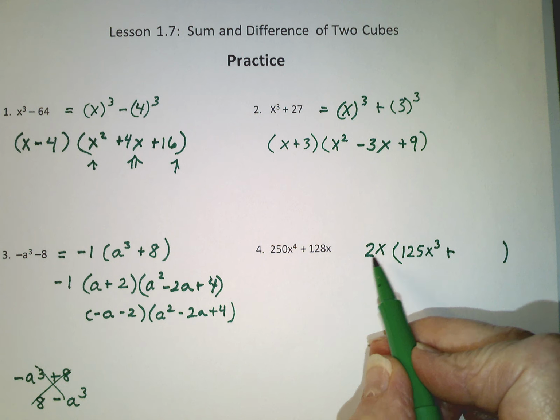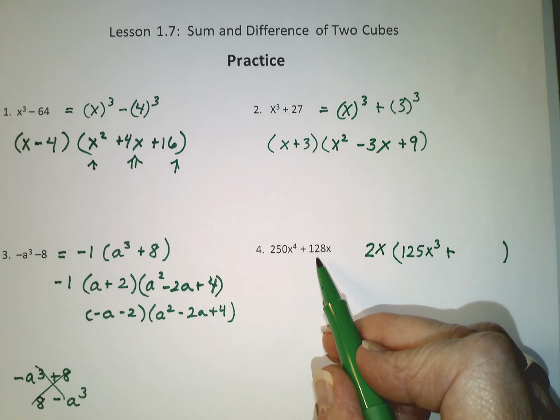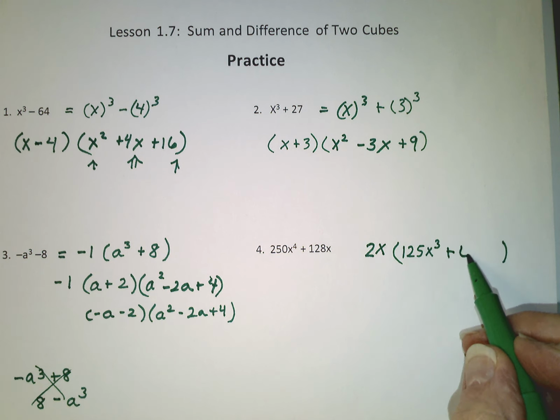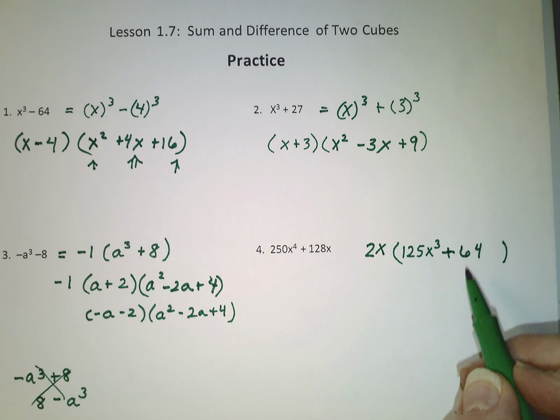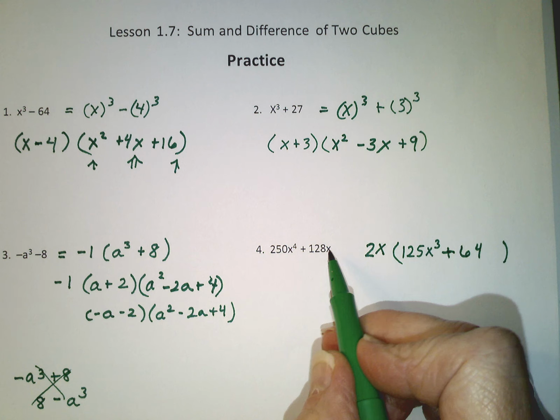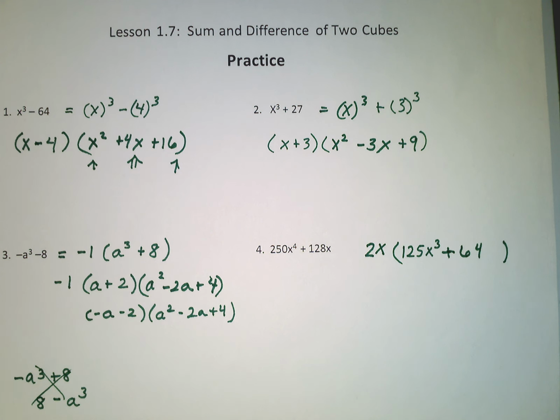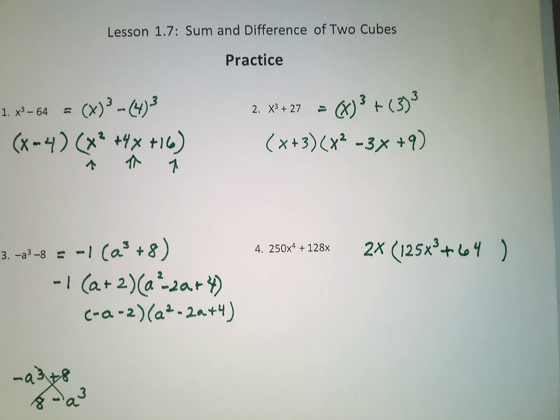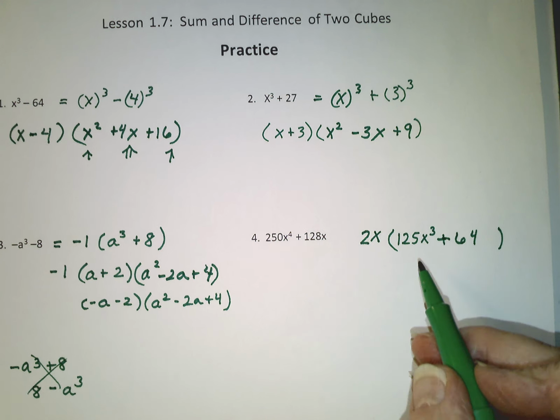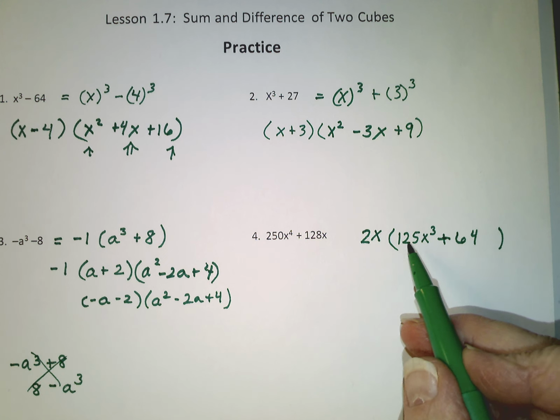Now if we're pulling a 2x out of this, 2 out of 128 would be 64. And we wouldn't need any more x's. We already pulled out the only x there is. That, my friends, is a perfect cube.